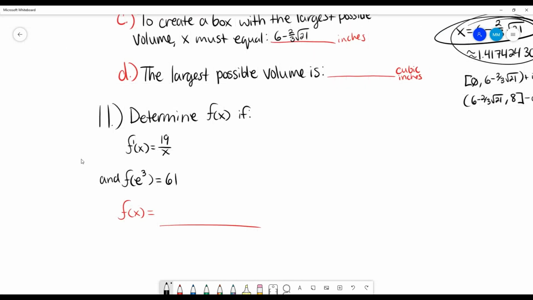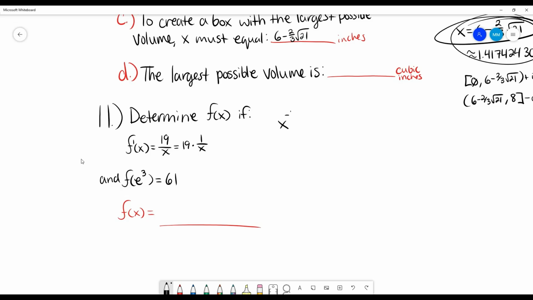Let's go ahead and do number 11. This one I'm confident I'm not going to mess up because it's so short, there's just not much to mess up. Looking at our f prime, I have to take the integral of that. And I can kind of think of this as a 19 times 1 over x.